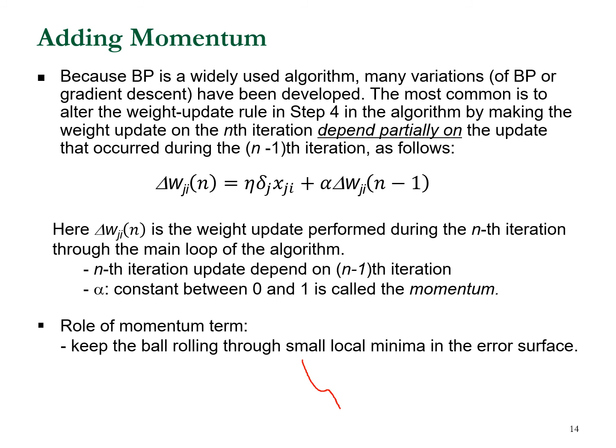If you use momentum, you go like this, and then the next step, instead of staying here, you follow the previous steps to end up here. That way you can avoid this local optimum. That's the advantage of using momentum.